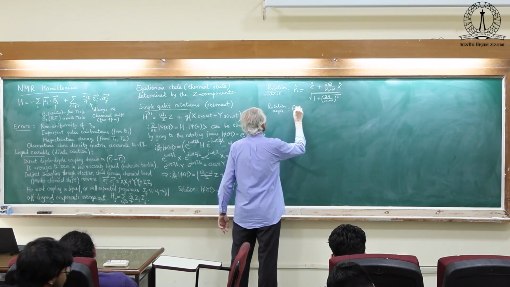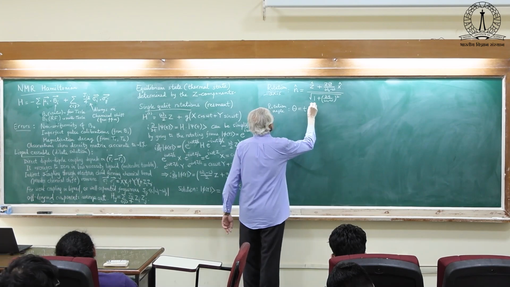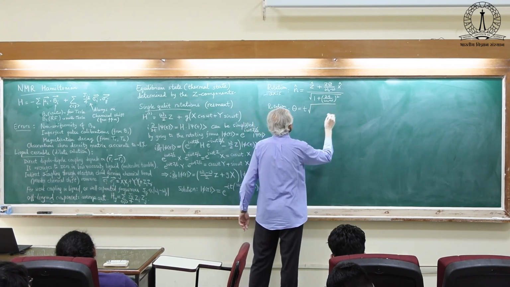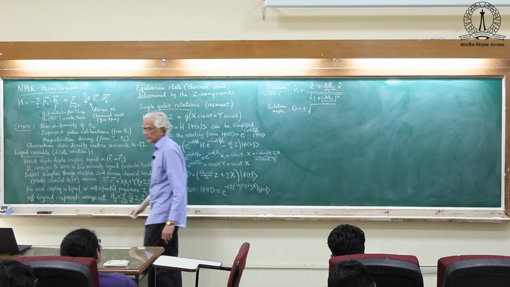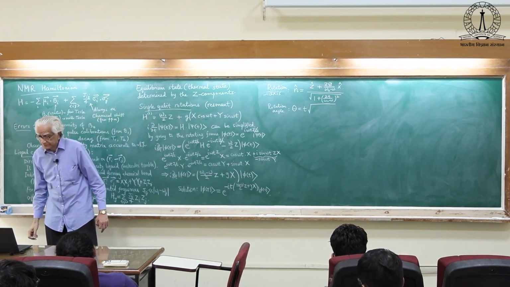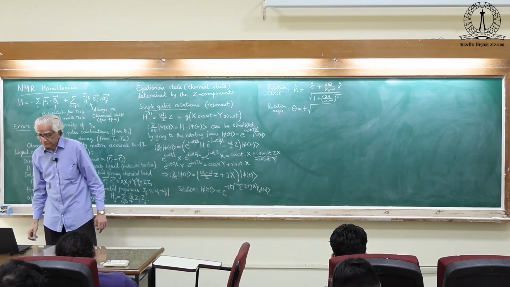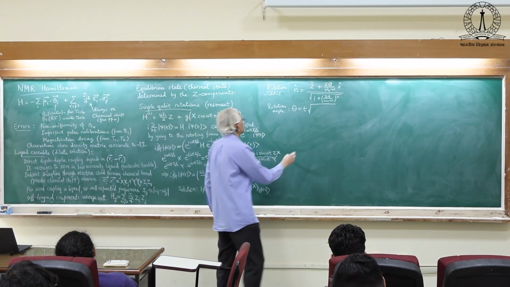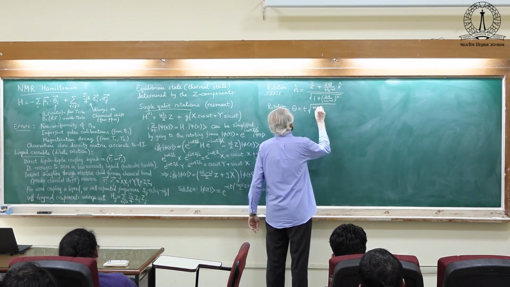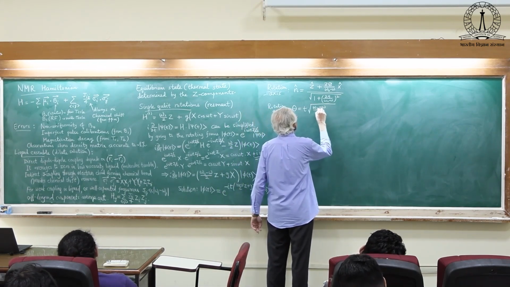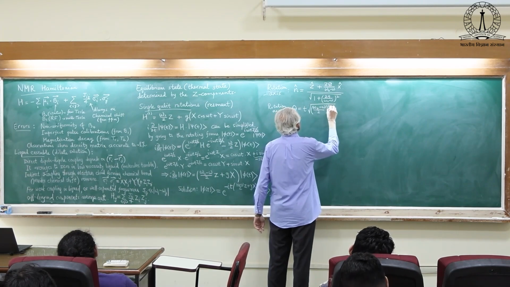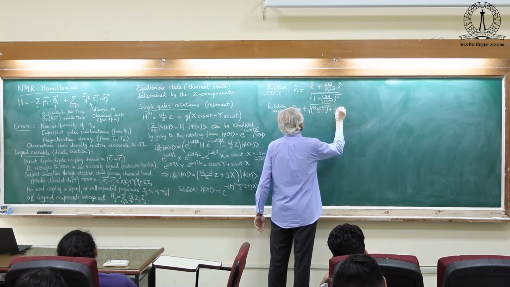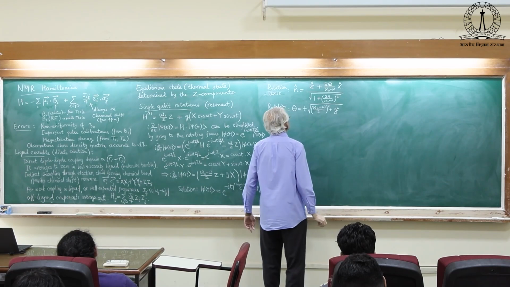Let me call it theta. So the t times the square root, okay, it's written in a different notation, but that's fine. Omega 0 minus omega by 2 whole square plus g square.